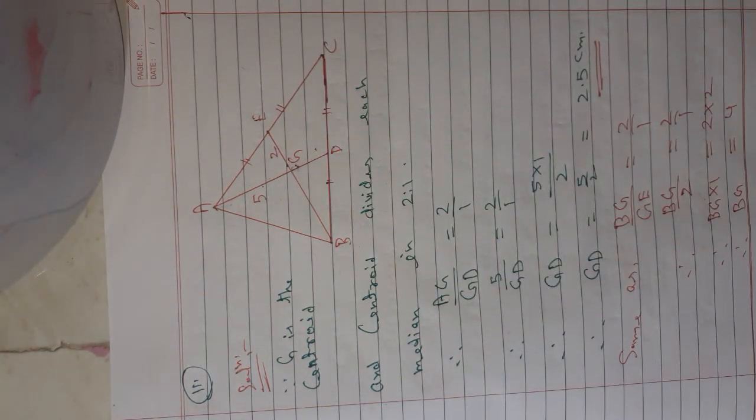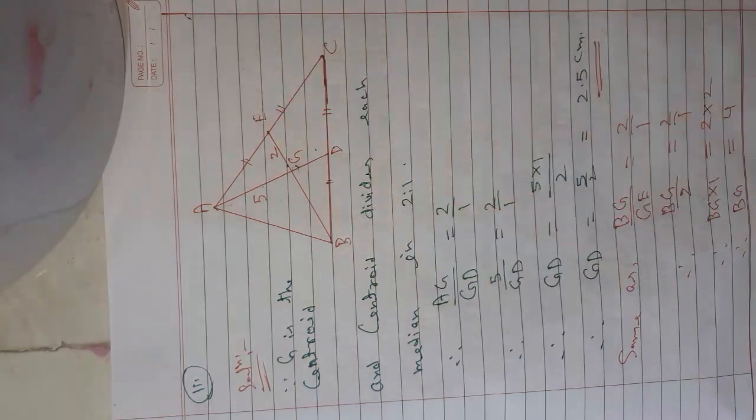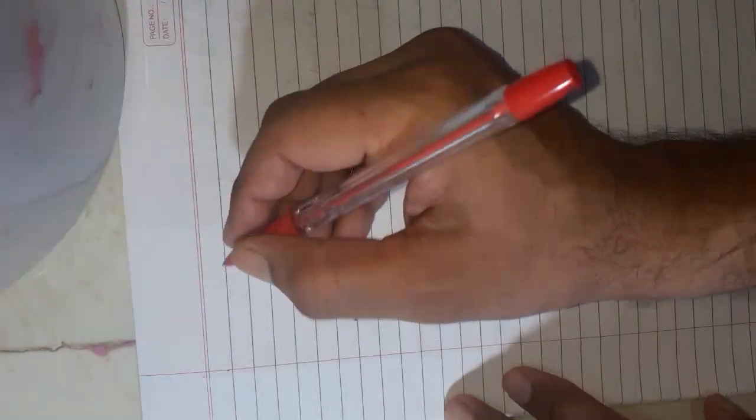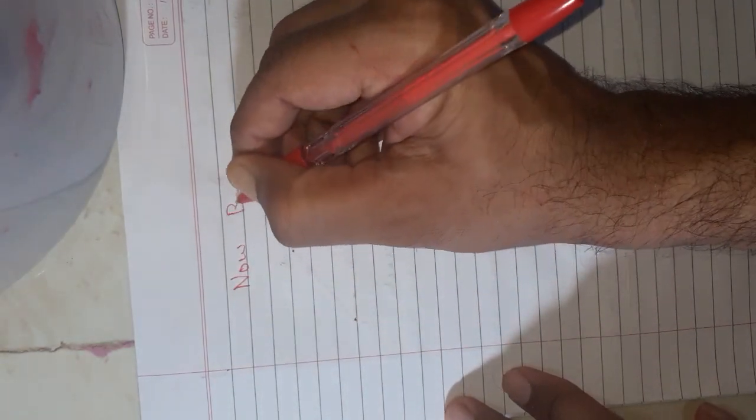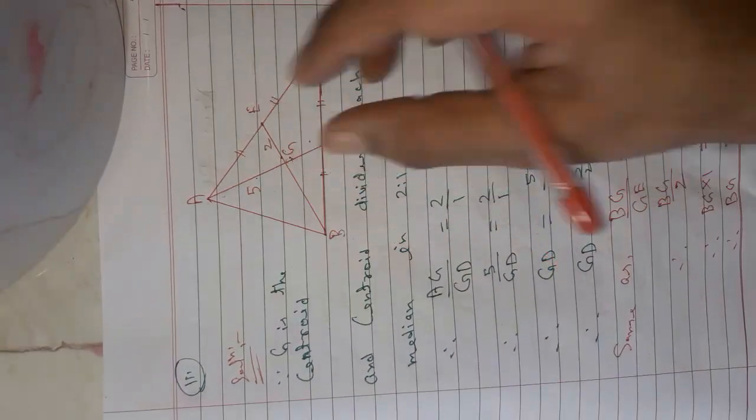Now you have to find out BE. BE is equal to BG plus GE.